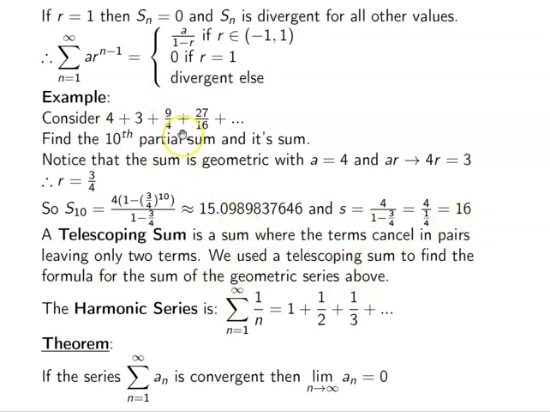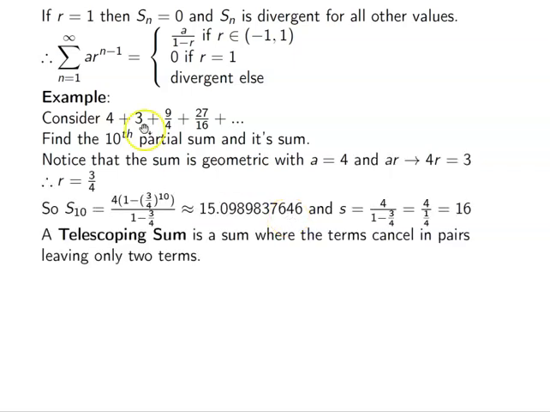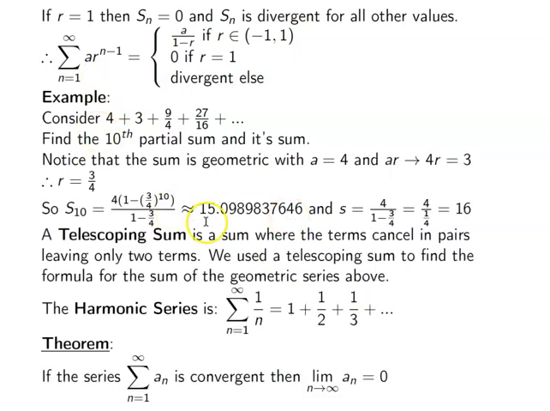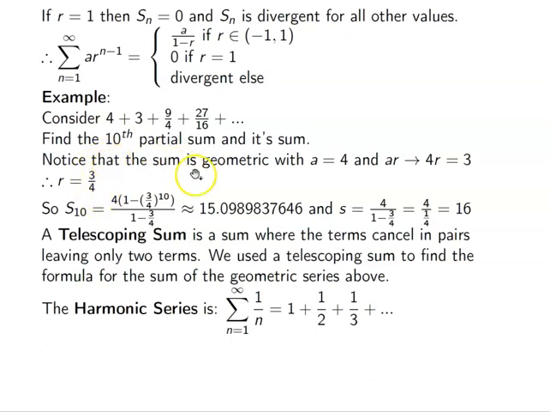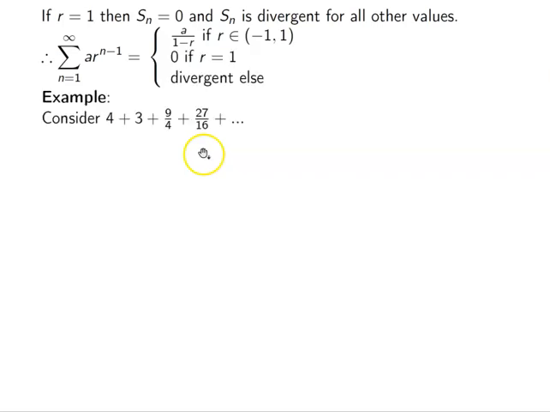So for instance, for the previous one, if I were to write this in a general form, it would look like 4 times 3/4 to the n minus 1, because again, it's a geometric series. I can write it in this form. My a was 4, r was 3/4, n minus 1 was the power.